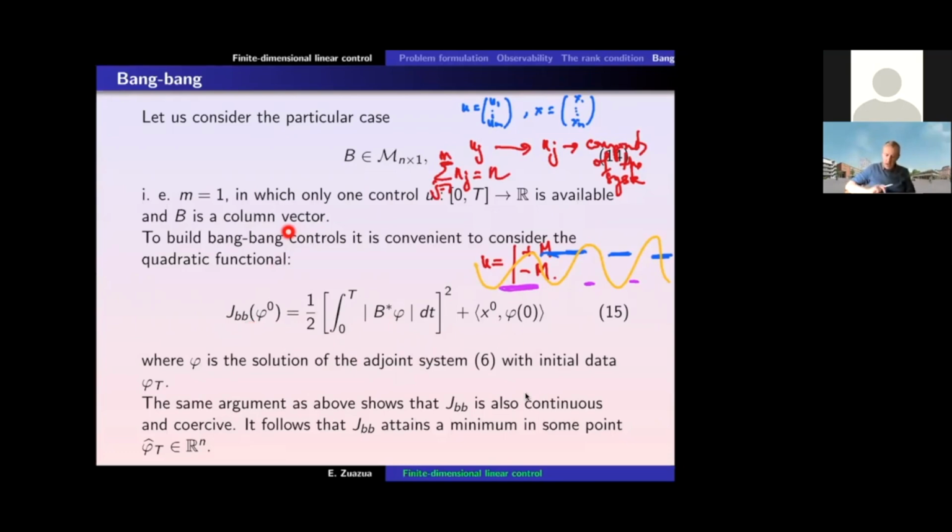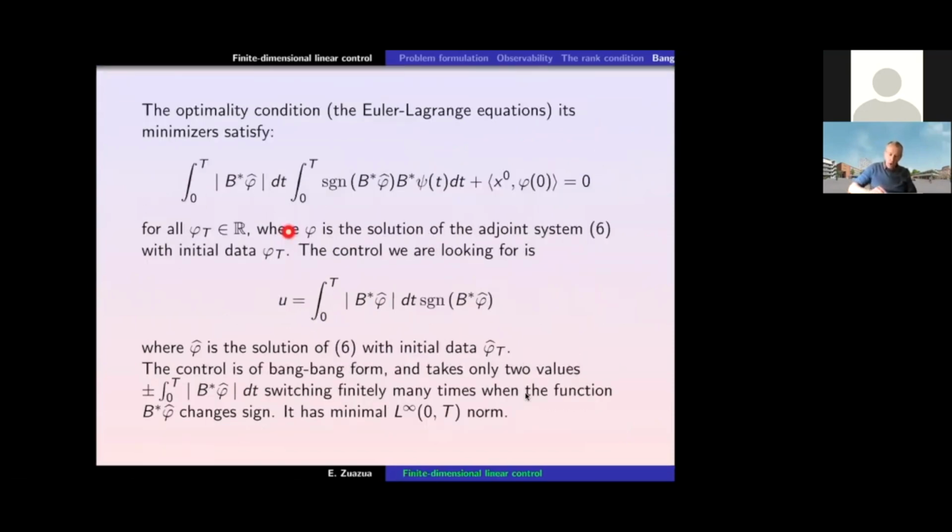And now when you write the Euler-Lagrange equation for the minimization of that functional, you compute the derivative and you see that, out of this expression, right? So here it should be a phi. Out of this expression, what I see is that now the control is just this integral, which is a number.